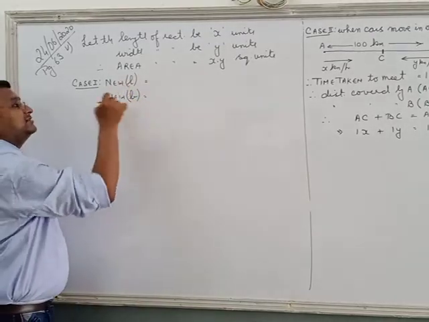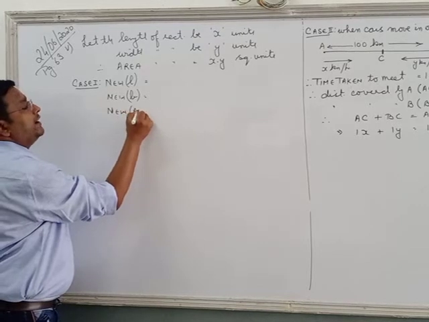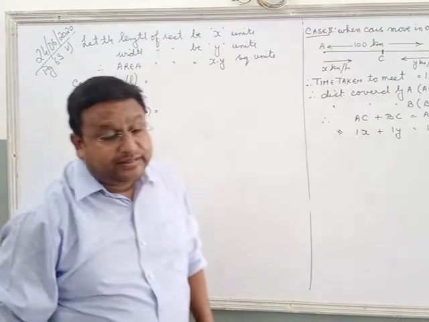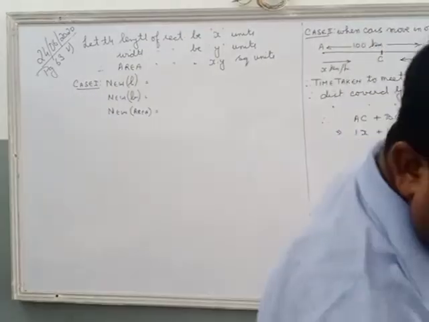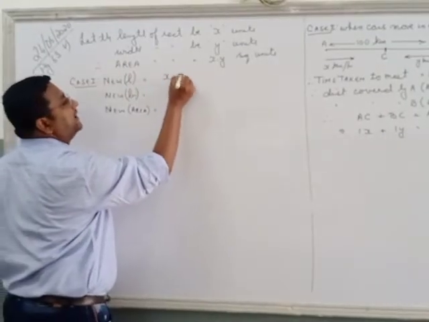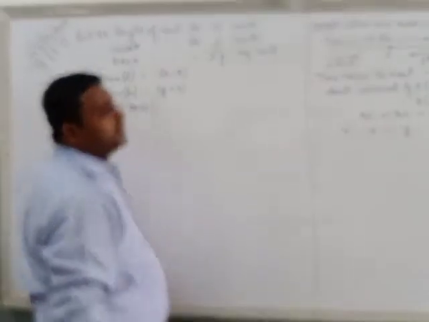If length and breadth are changing, will there be a change in area also? New area. Length is reduced by 5, x minus 5, and breadth is increased by 3, y plus 3. Yes or no?